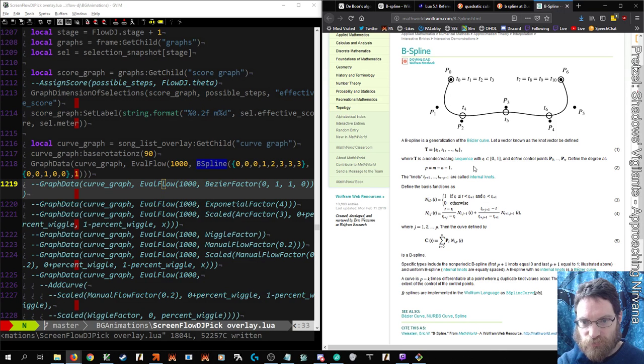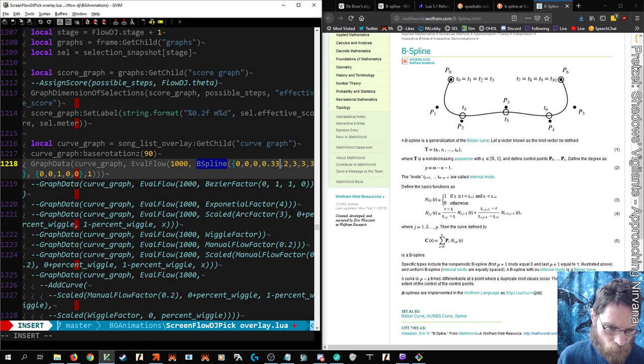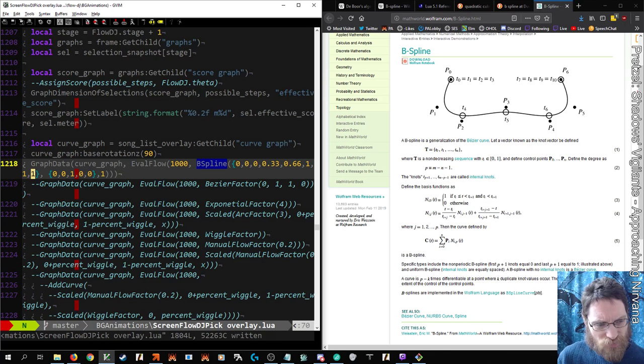Generalization of Bezier curve. Okay. Non-decreasing sequence with Ti in 0, 1. Oh, right. For my purposes, I would actually have to modify this. But that would still... We were only evaluating it over a certain range.